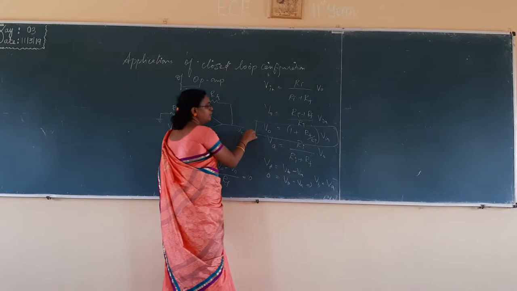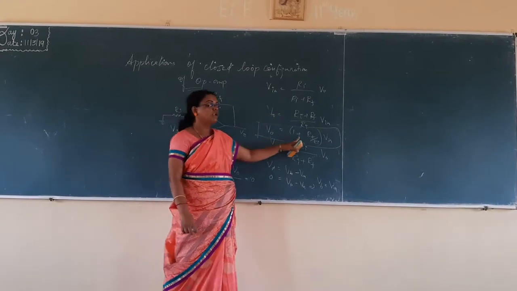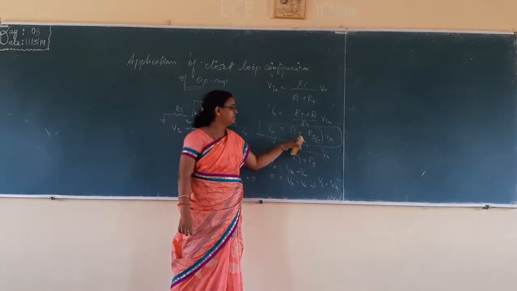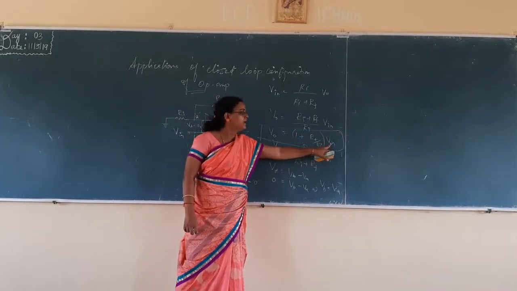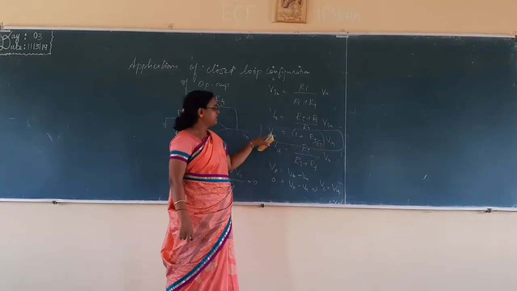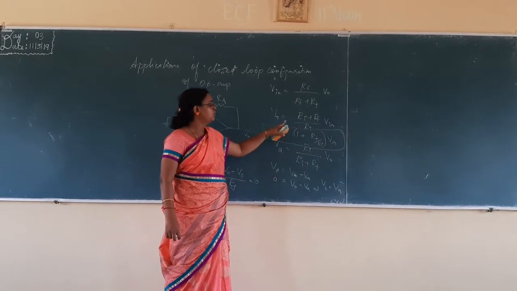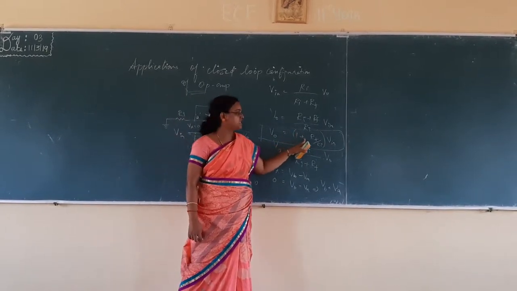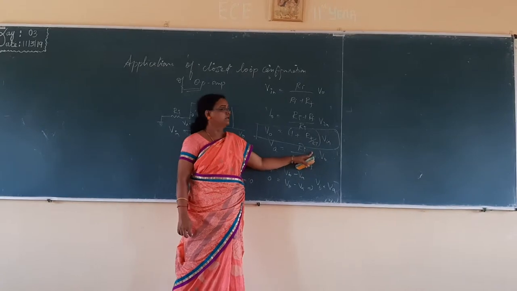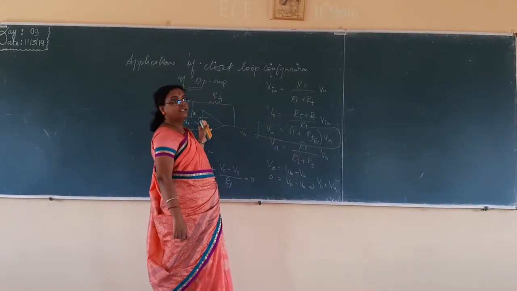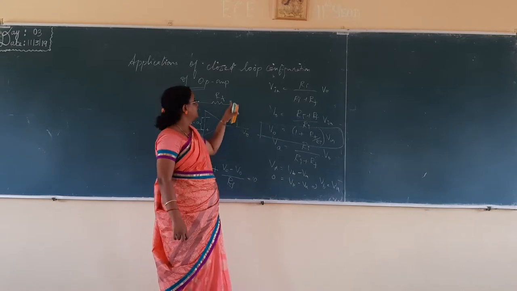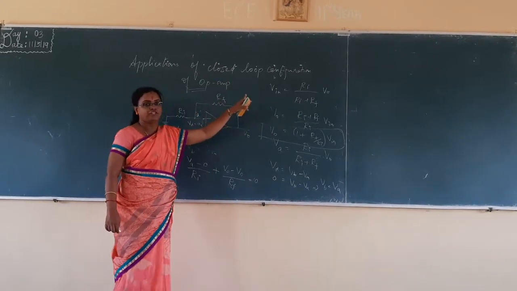Thereby, the output equation of a non-inverting op-amp in closed-loop configuration is V0 is equal to (1 plus Rf by Ri) into Vin, and thereby the gain value will be equal to V0 by Vin, which is 1 plus Rf divided by Ri. This is the gain obtained from the non-inverting terminal of op-amp for closed-loop configuration.